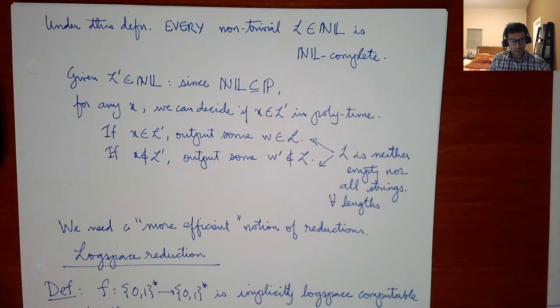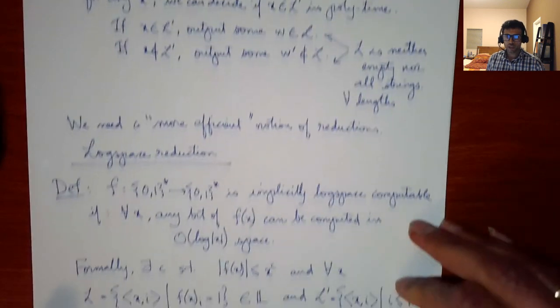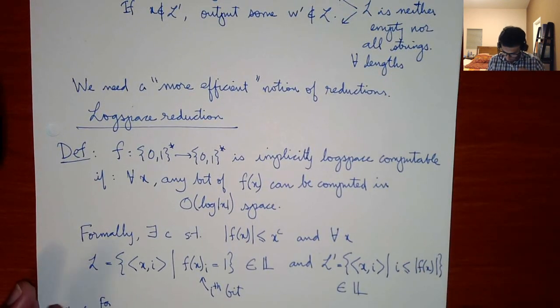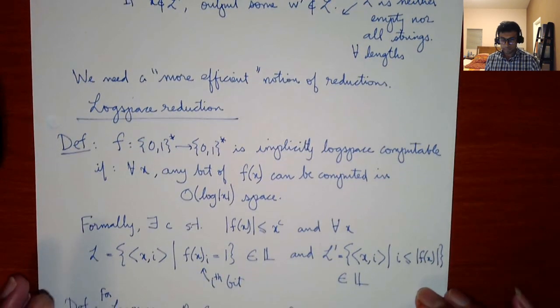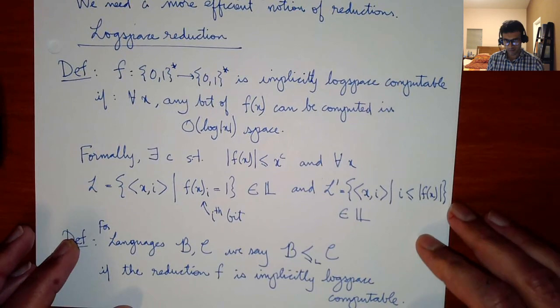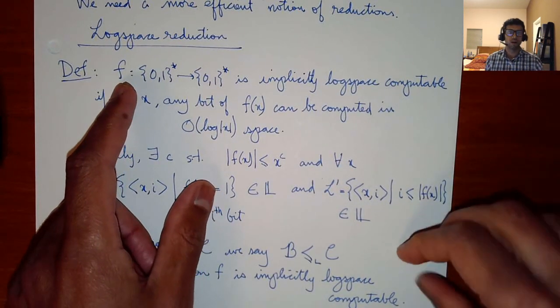As I discussed earlier in answering the questions, we need a more efficient notion of reduction, something that can give us a lens within P. That notion comes from a log space reduction. First, let me explain what a log space reduction is. We have a function which is said to be implicitly log space computable.